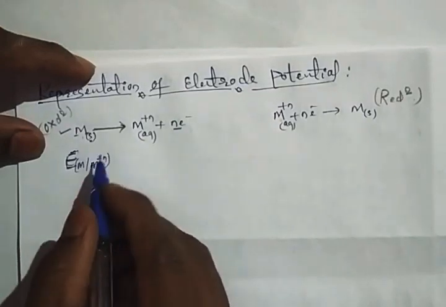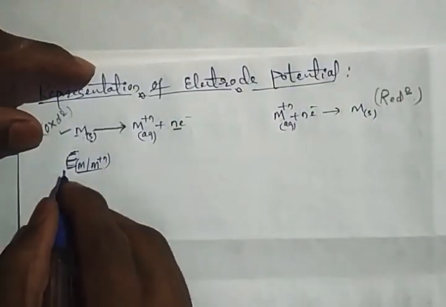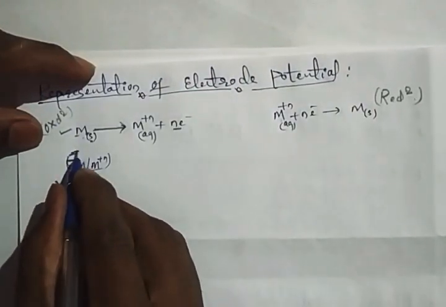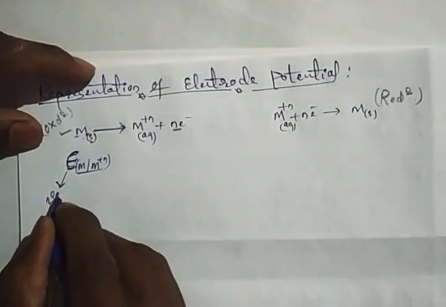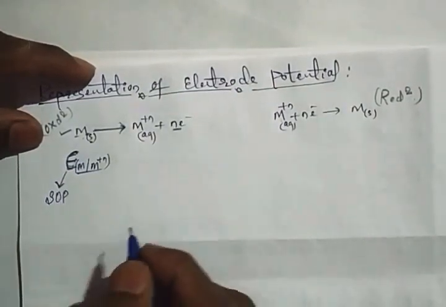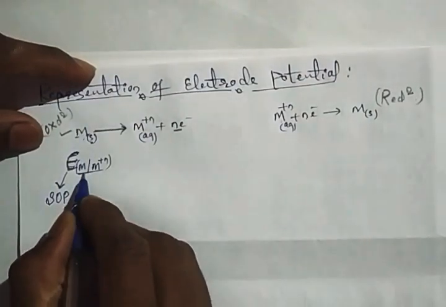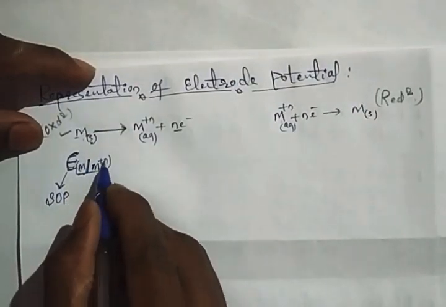So this one is an oxidation potential. This symbol represents the standard oxidation potential. Look at the subscript, M bar M plus ion.